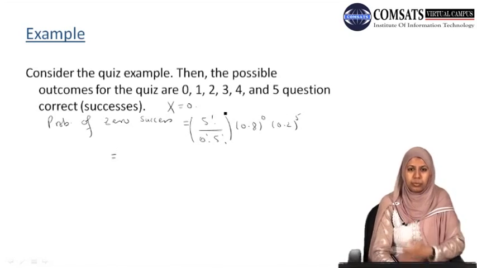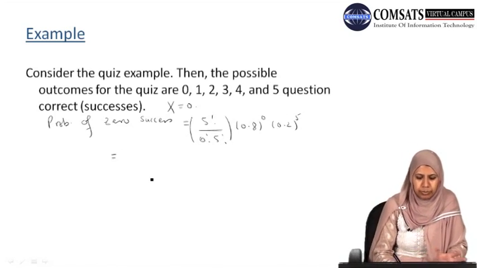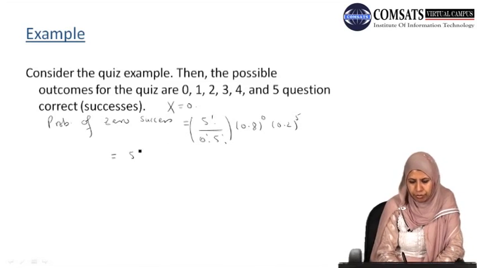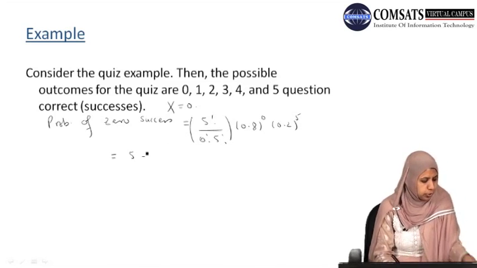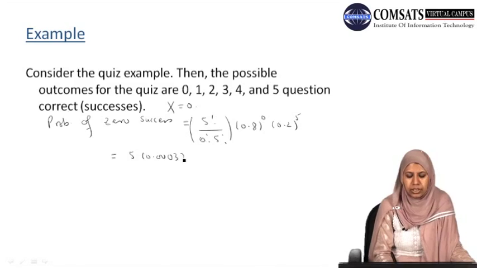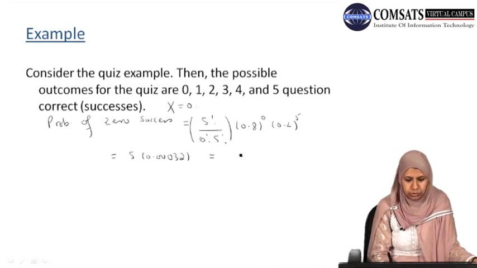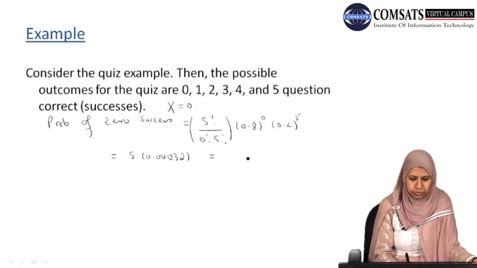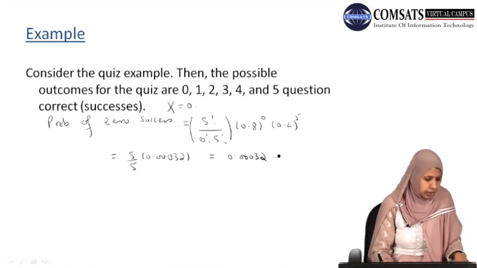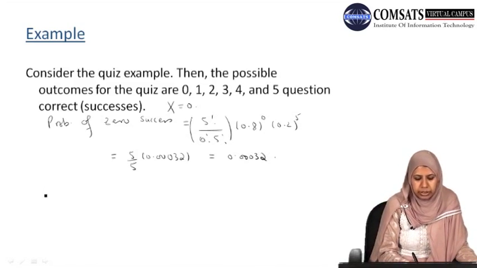So by knowing the formula, we can easily calculate the binomial probability distribution. From here we obtain 1, and 0.2 to the power 5 is 0.00032, which is equal to, from over here we obtain 1 times 0.00032, which is 0.00032.